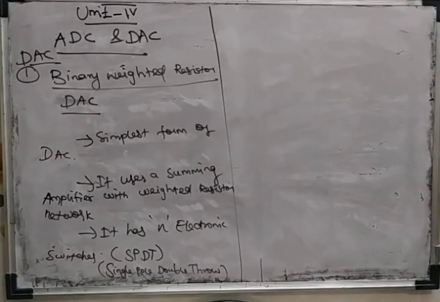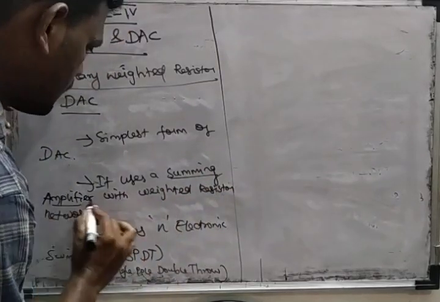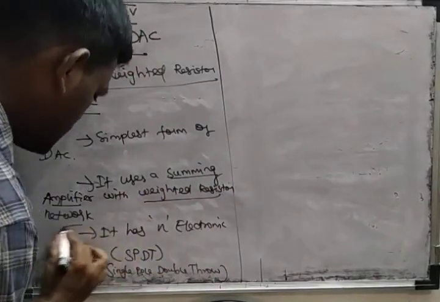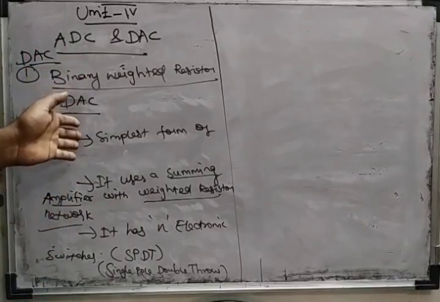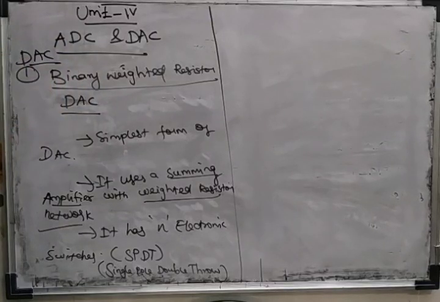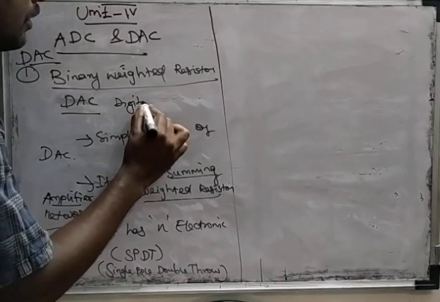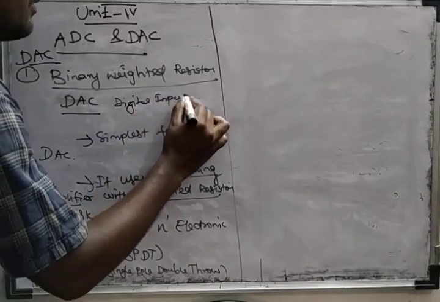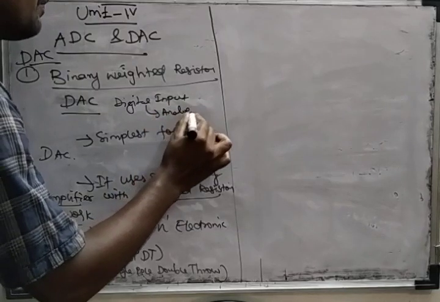So let us see the circuit diagram of the binary weighted resistor DAC. It uses a summing amplifier with a weighted resistor network. In the binary weighted resistor digital to analog converter, we are giving digital input and we are getting the corresponding analog output.